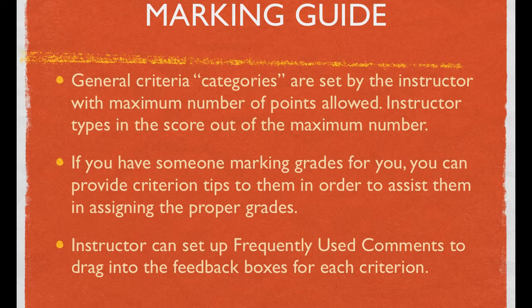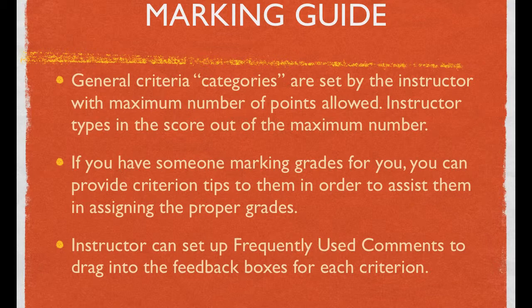Now the marking guide is just setting up general criteria like you saw when you saw the portion that the students can look at, where there's categories. And so it shows the categories the students will be graded on, like spelling, grammar, punctuation, format, content, etc. And the instructor assigns point values for each, and you can write original comments for their feedback, either on the individual criterion, or they can choose from pre-devised frequently used comments that they save ahead of time.